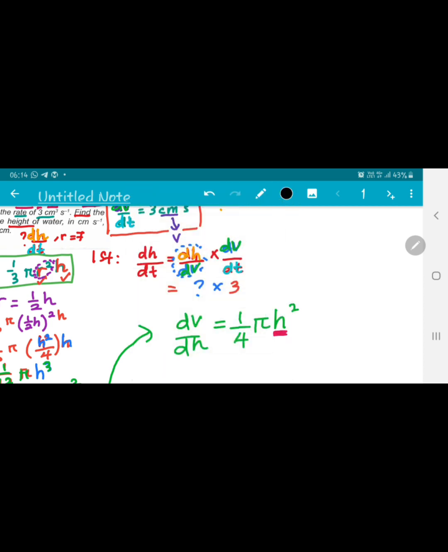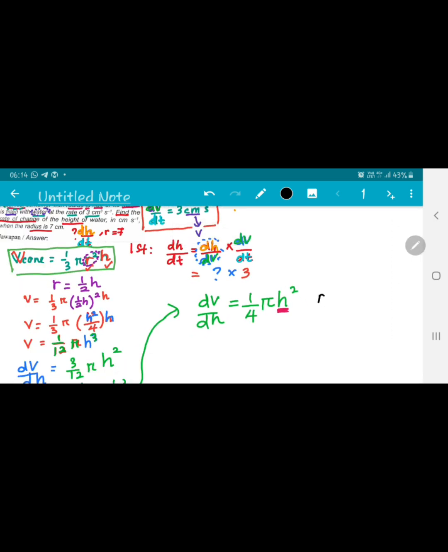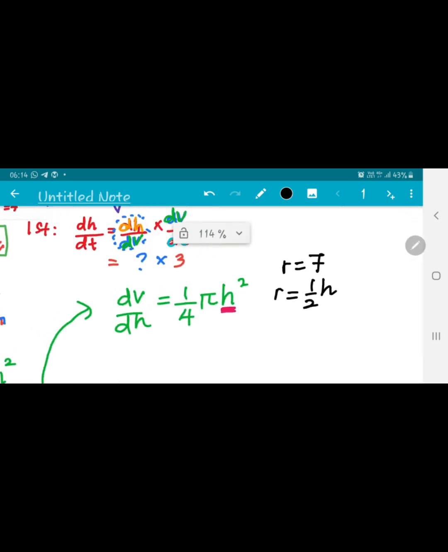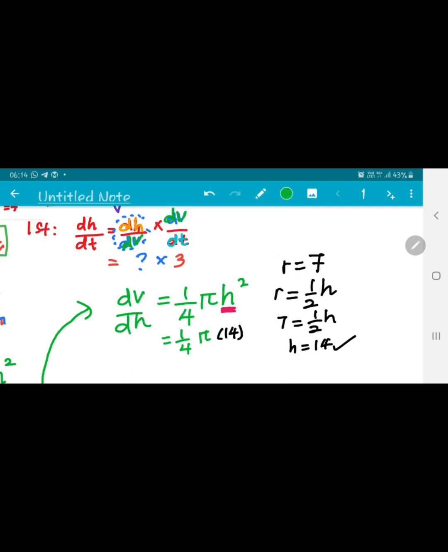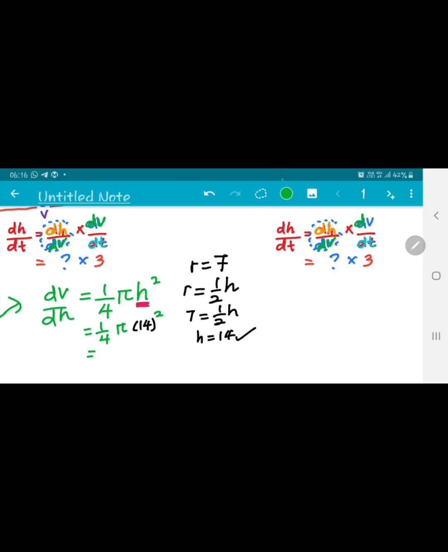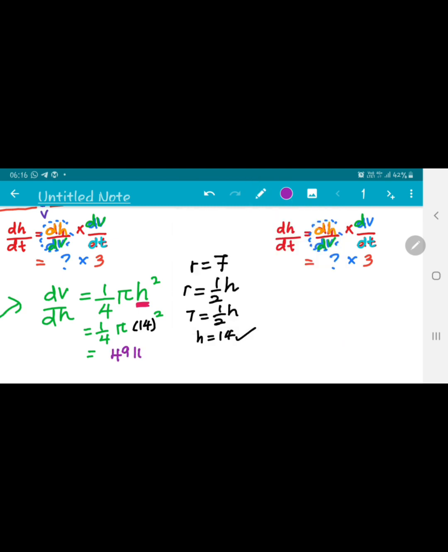Since from the equation, r is half h, and given r is 7, when r is 7, h will be 14. So take h as 14, sub in, 14 squared divided by 4 is 49. 49 pi, so this is the dV/dH value.